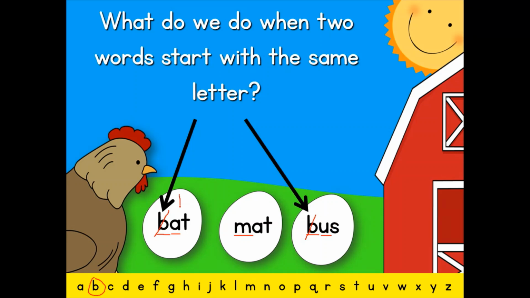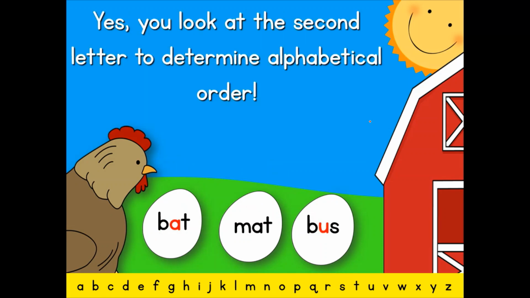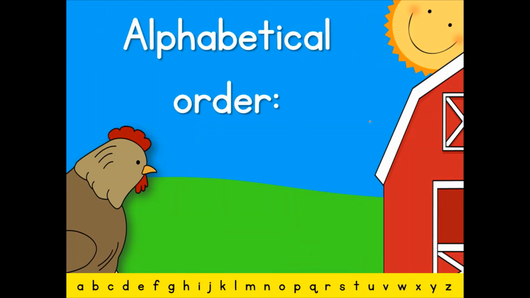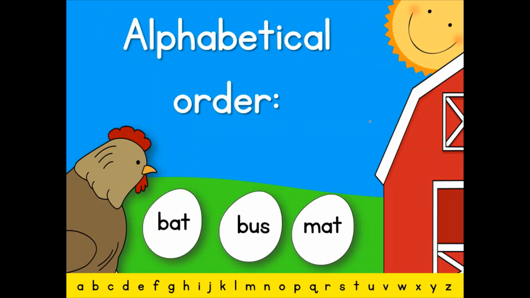So bat's going to be first, bus will be second, and then we know that mat will be third because we already looked at those first letters before. Okay, so this is a little bit more difficult, but I know you guys can do it with practice. Okay, so here's what that answer looks like.